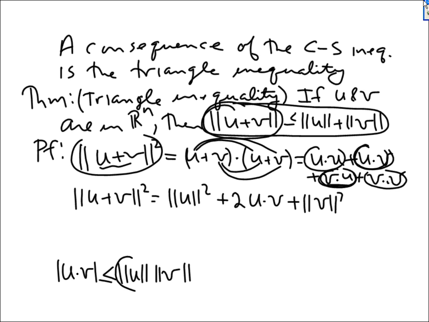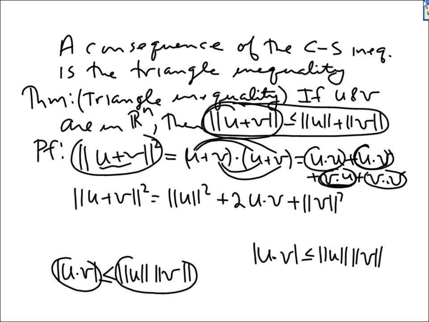Now, either the absolute value of u dot v is equal to u dot v, or u dot v is less than it. In other words, if this is 7, this can be 7 and they're equal, or this can be negative 7.